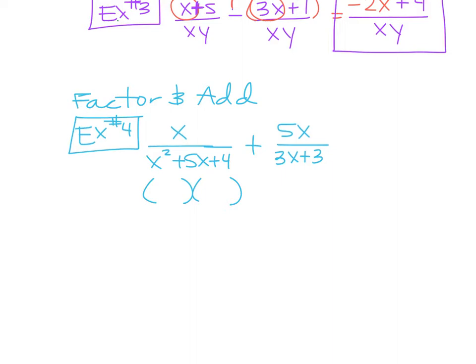All right, so if we're going to factor this, what does this factor to? You're asking yourself, what can I multiply to get 4 that I can add to get 5? Remember, if you do the star method, what can you multiply to get 4 that you can add to get 5? What would that be? 4 and 1. So this is going to be x plus 4 times x plus 1. What can you do here?